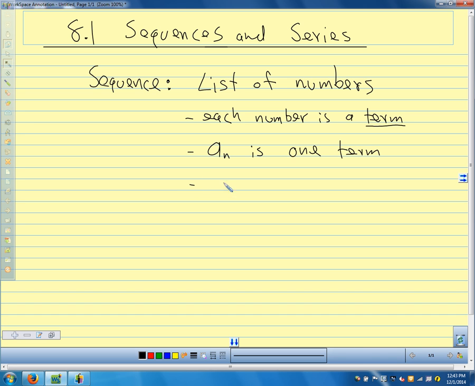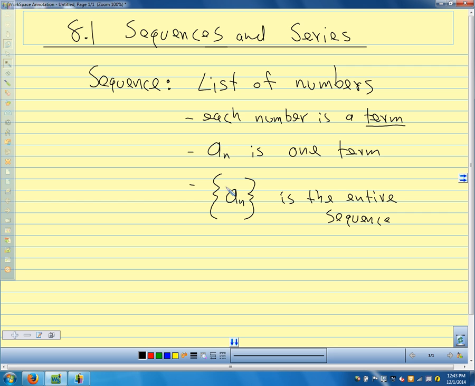If we put our term in braces, this tells us we're talking about the entire sequence. So when we put this in braces, we're talking about the entire list of numbers. One of these a sub n's is just one term.